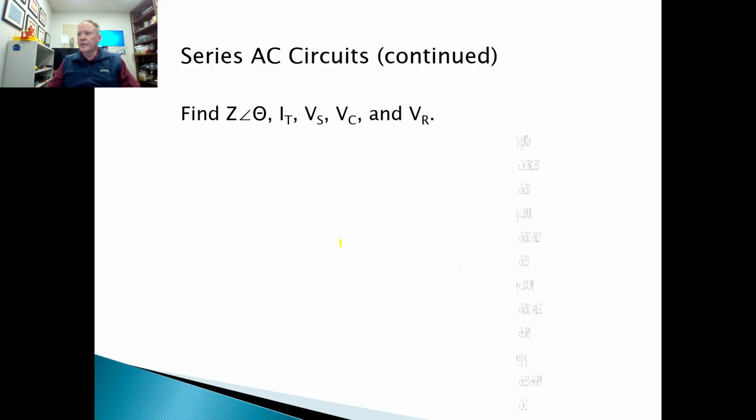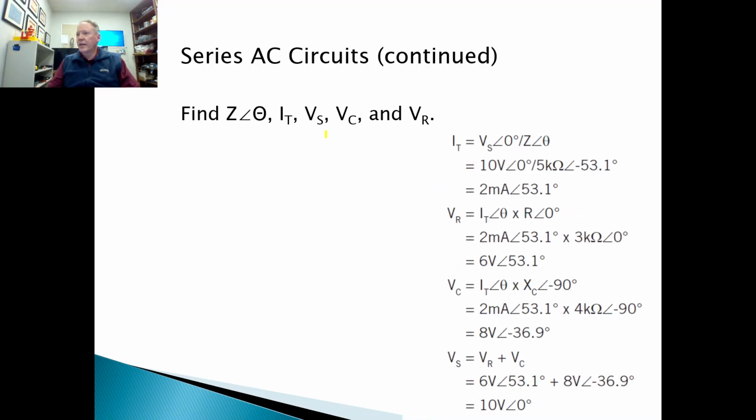So here are the steps, it shows you exactly how to do it on the calculator. And then once we have the impedance, we can take 10 volts at 0 degrees. Now remember, our source voltage is always at a reference angle of 0.